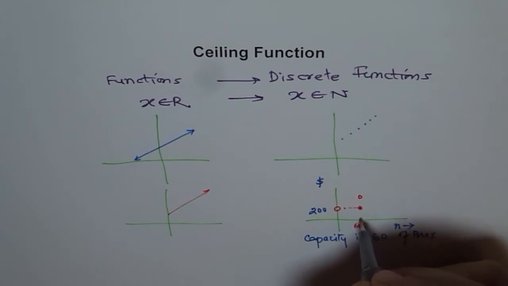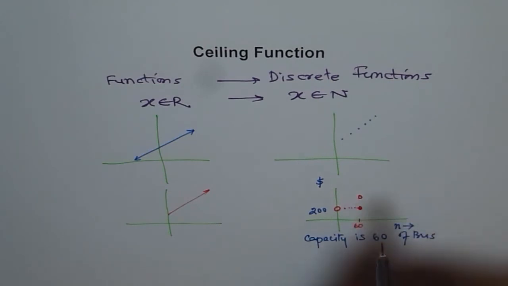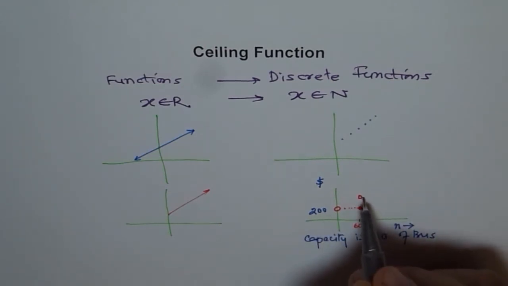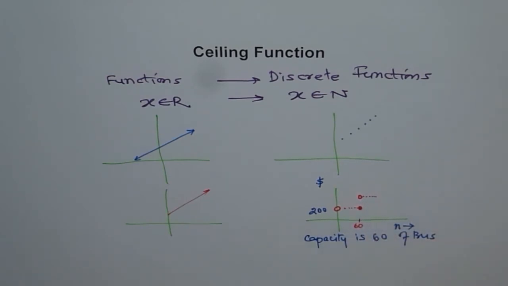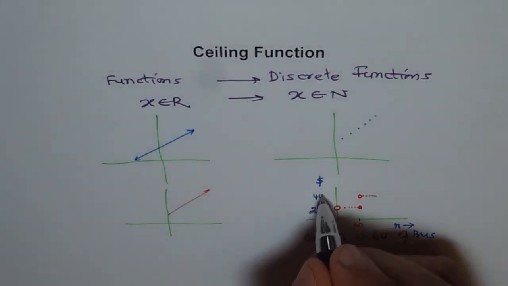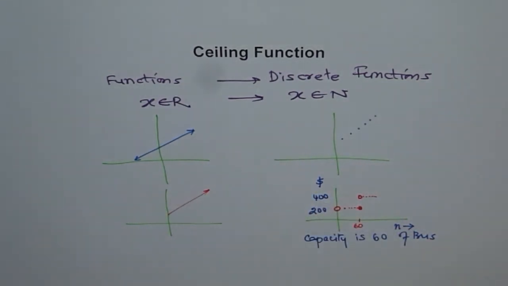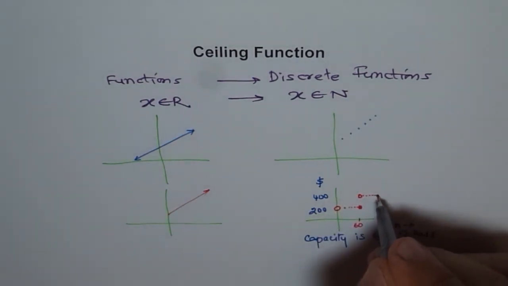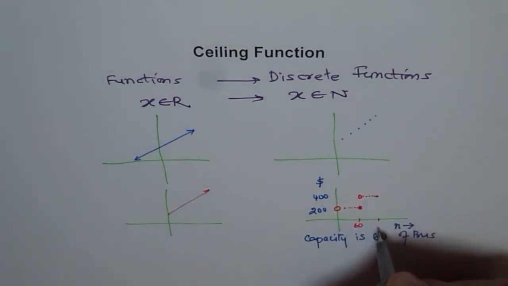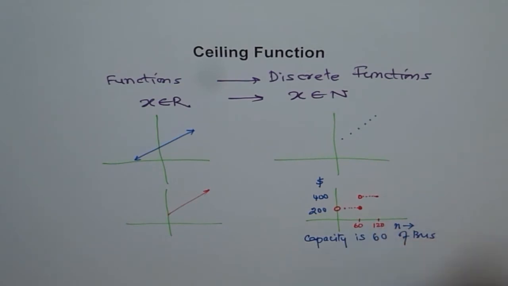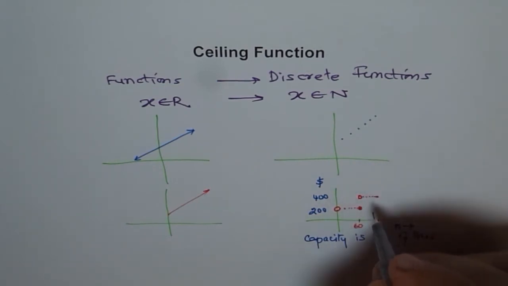So we can start with 60, saying, well, 60 will pay $200. But as soon as the 61st student comes, we need another bus, and that's why we now have to pay $400. Correct? So we pay $400, and this can accommodate 120 students. After that, we can go on and on.